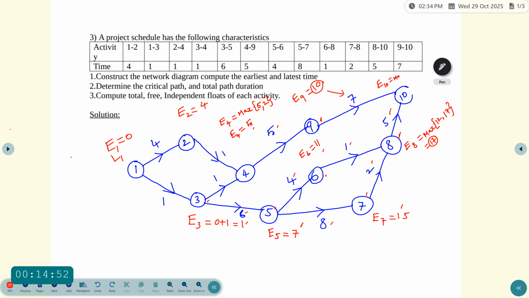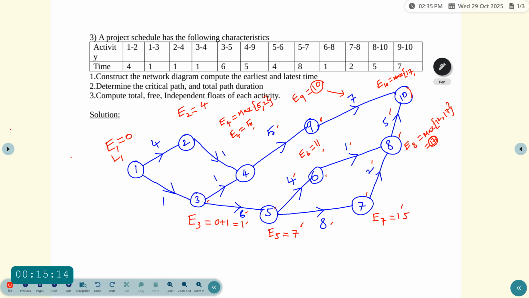See E10, there are two events, first one 9 and 8. So you have to use the formula maximize of. First event 9: E9 equal to 10, 10 plus 7 equal to 17, comma, another event which is 8.